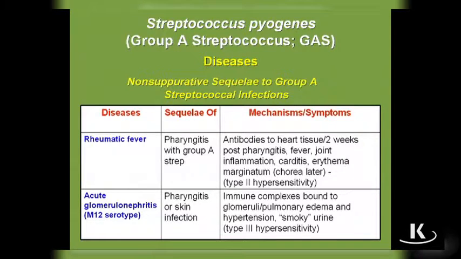At the bottom, we have post-streptococcal glomerulonephritis. We mentioned earlier that this was a type 3 hypersensitivity. Again, you'll have the history maybe of the pharyngitis. You'll have this kid who's all puffy, hypertensive, with dark colored urine. The parents are panicked. They have no idea what it is.